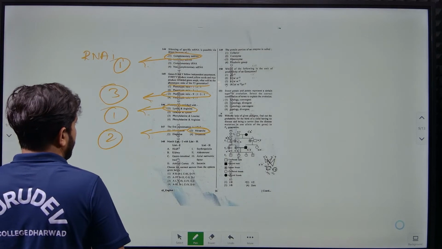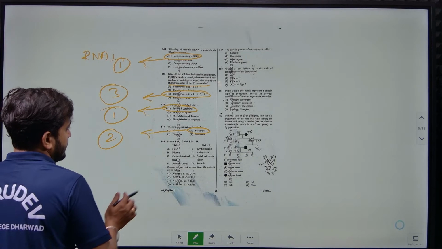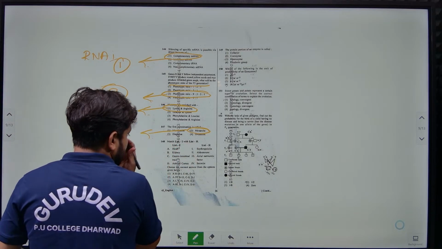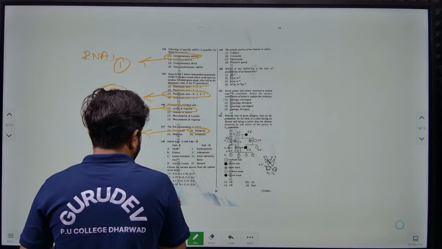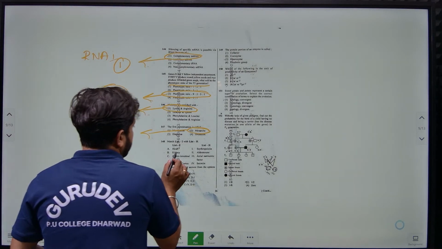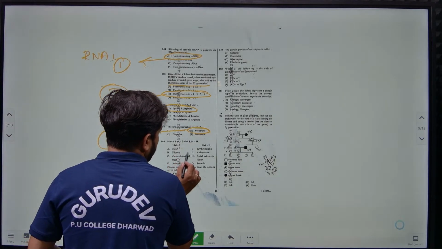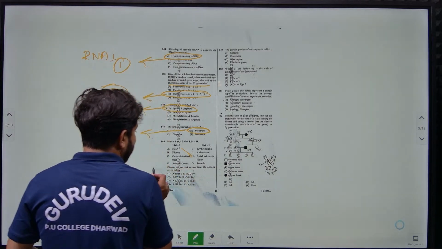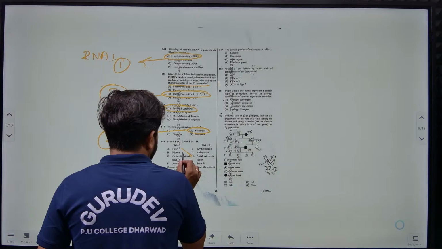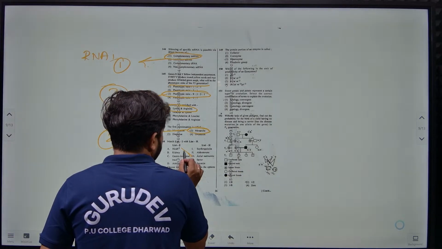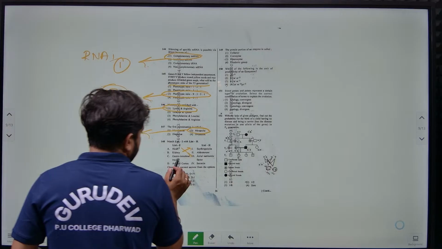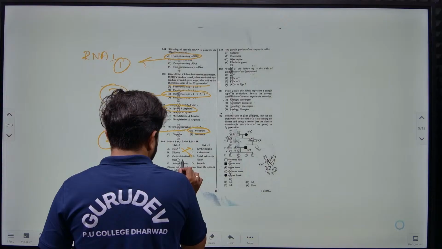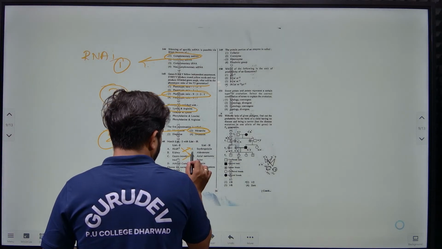Then moving on to the next question: match the column 1 with column 2, right? So majorly, if I consider here, the heart is related with atrial natriuretic factor, right? Then kidney is related with respect to erythropoietin. Then gastrointestinal tract, if I consider here, is related with respect to secretion.